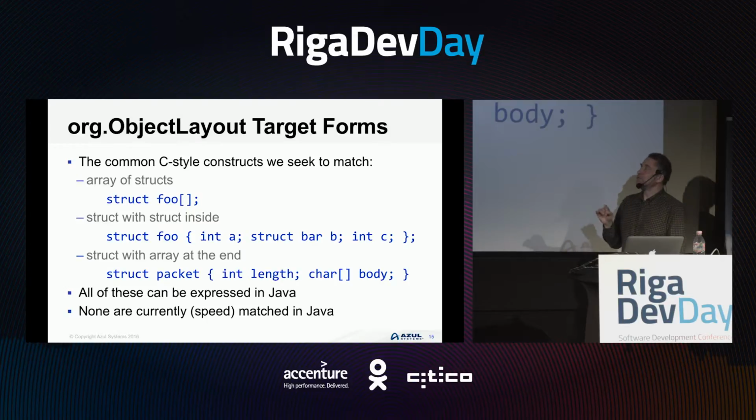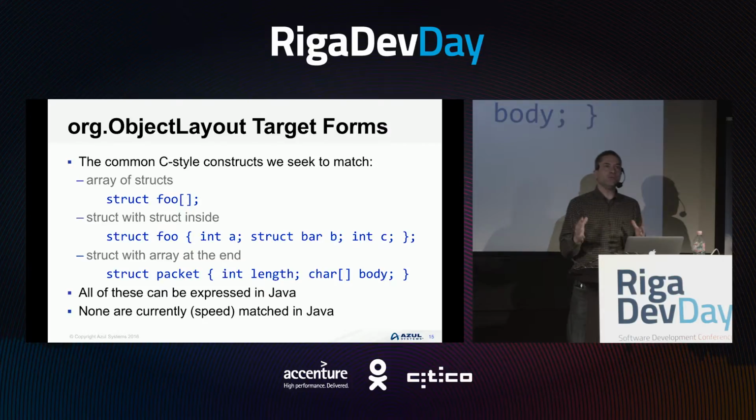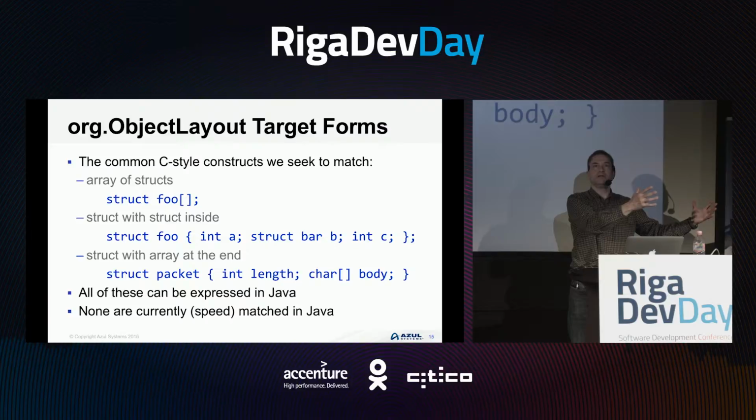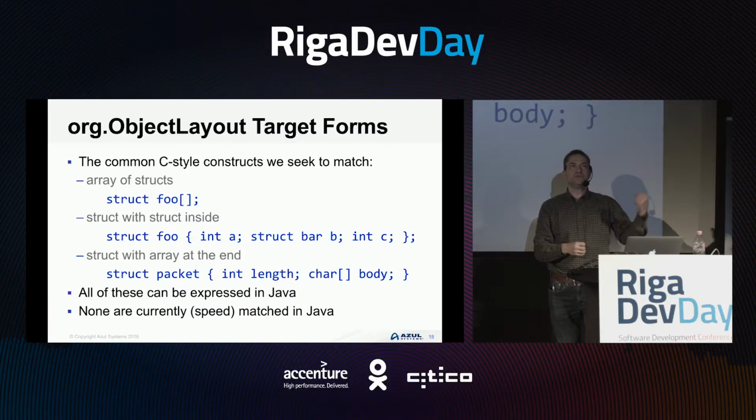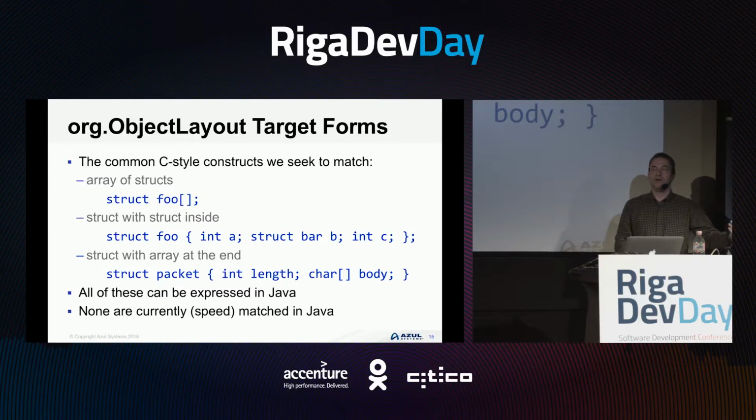So what object layout is trying to do is to enable us to find a way of having this struct-like quality of things and be able to create arrays of them and do dead reckoning and do striding and prefetching without having to change any of our code.